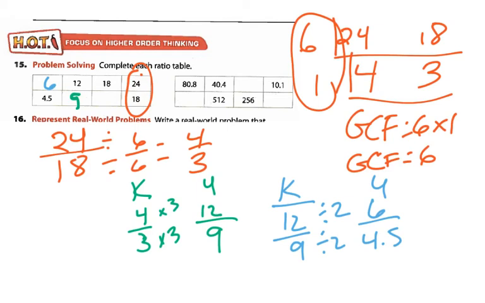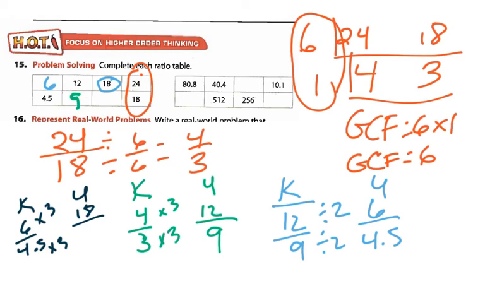Well, now that I have that 6 filled in, that makes this 18 easy to get to, doesn't it? So now what I'm going to do, I'm going to go over here. I have K, which is 6 and 4.5. What am I trying to figure out? 18 and what? Well, how do I get from 6 to 18? I multiply by 3, right? If I multiply my numerator by 3, I have to multiply my denominator by 3.